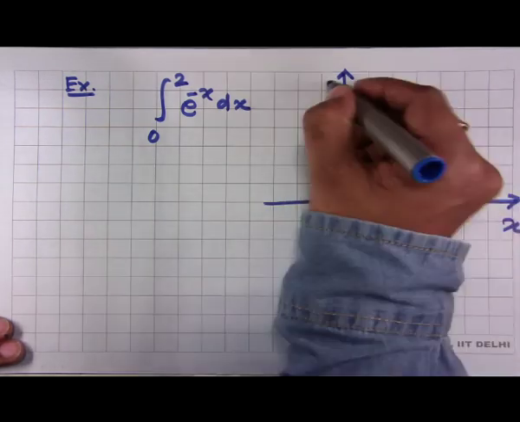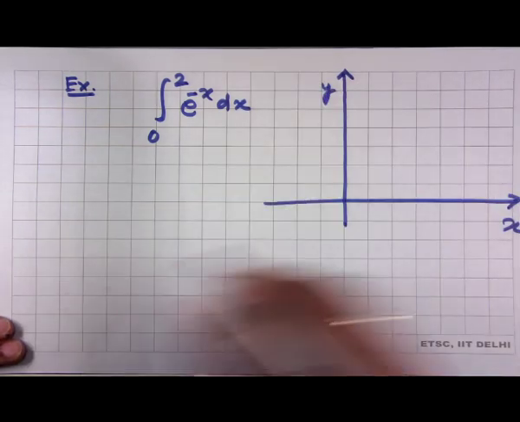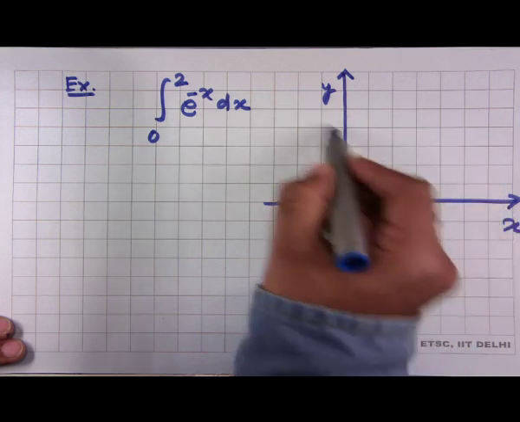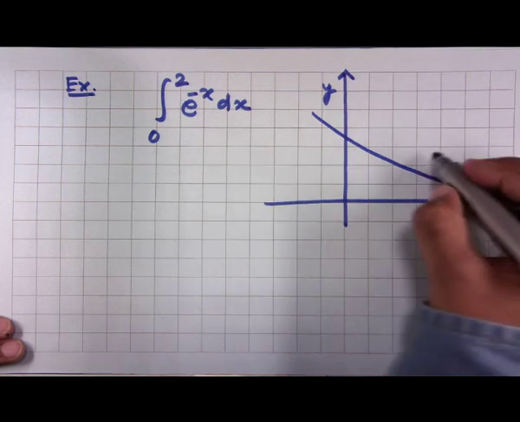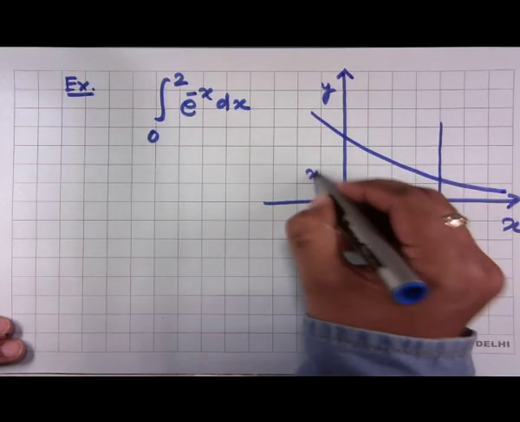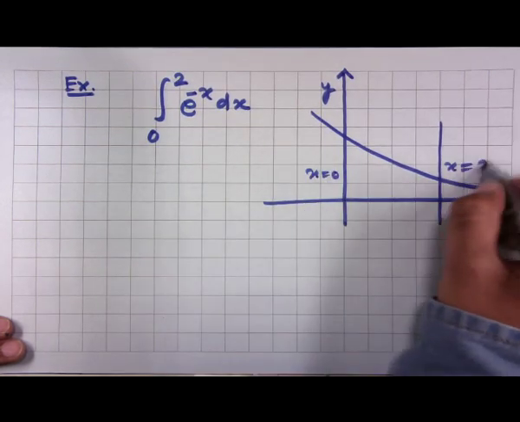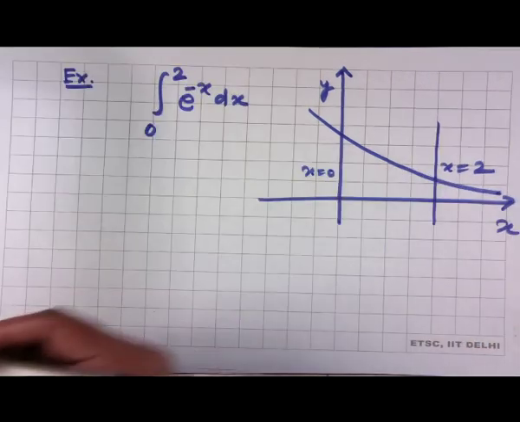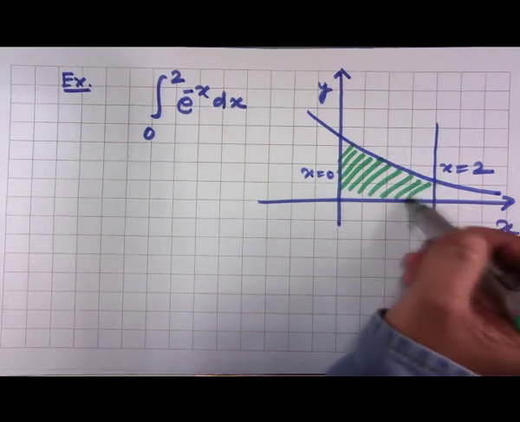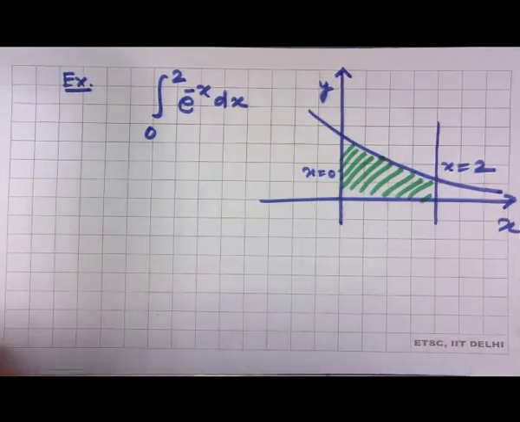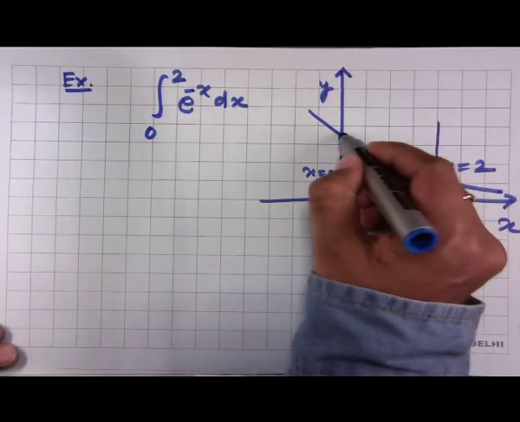This is the x axis, this is the y axis, then e power minus x will be this curve. Say this is x equals 0, this is x equals 2. So the actual area is this. To find the bounds, let us draw the rectangle.